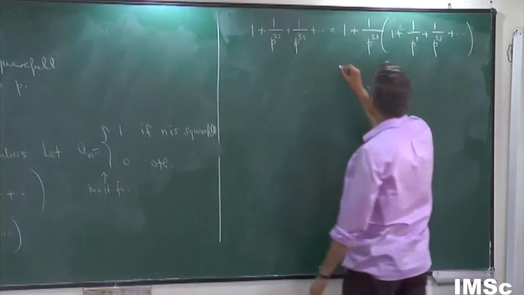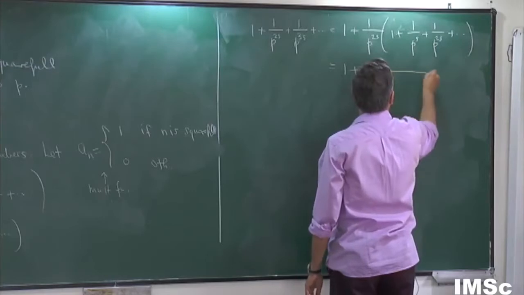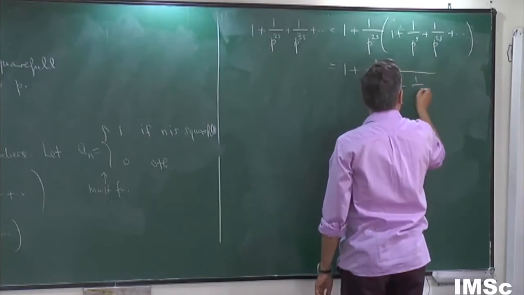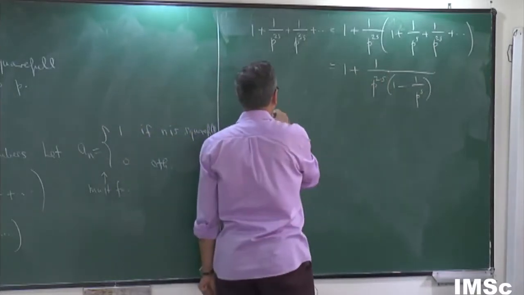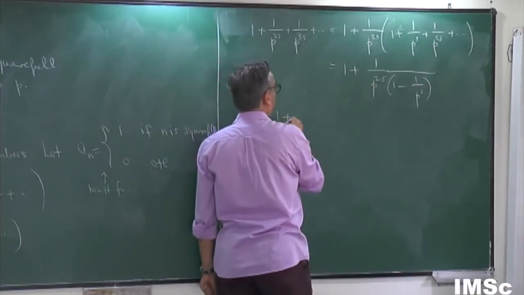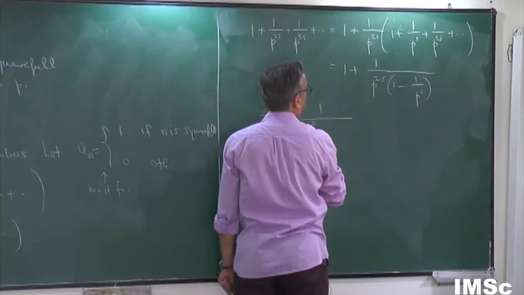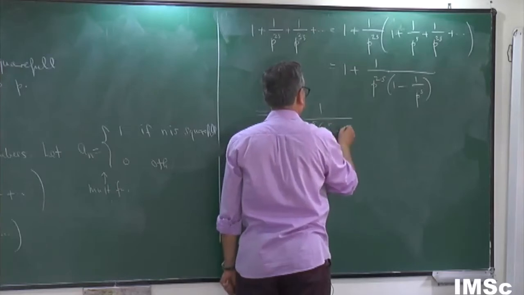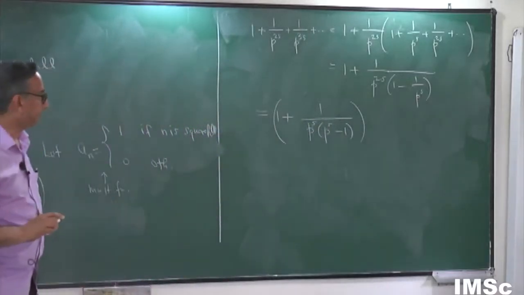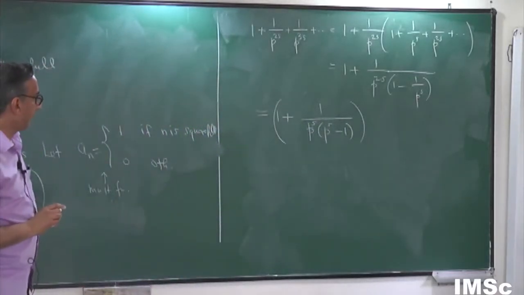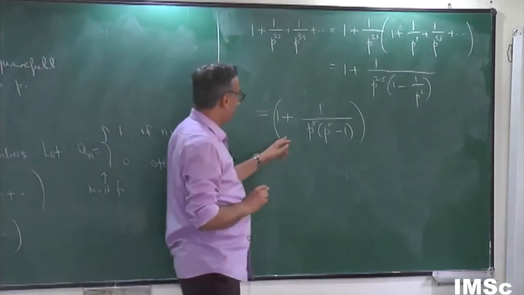Fair enough? So that's 1 over 1 minus 1 over p to the s, and we get something like that, which can be simplified even further. It's 1 plus 1 over p to the s, p to the s minus 1. So that's the Euler factor, it looks like this.